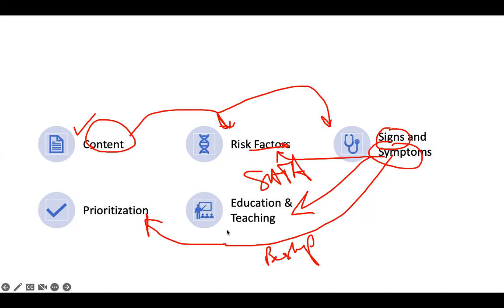So as you study, I don't know what you're reading right now, but start doing this to yourself. If you're learning a certain topic, ask about what disease process, what is the risk factor, what are the signs and symptoms, and which signs and symptoms should I worry about? Not all of the signs. Every drug or disease may have 1 to 5 signs and symptoms.